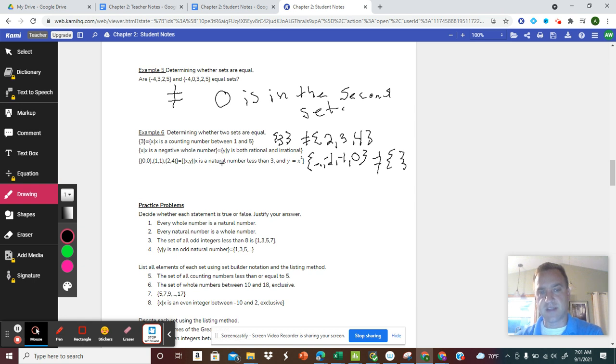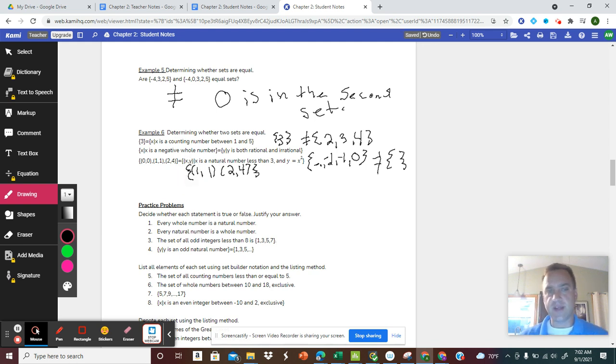For our x numbers, the first natural number would be 1, the second natural number would be 2, and then we would pair it with x squared. Well, 1 times 1 is 1, and 2 times 2 is 4. Now, this would be the second set, so I'm going to put those there.